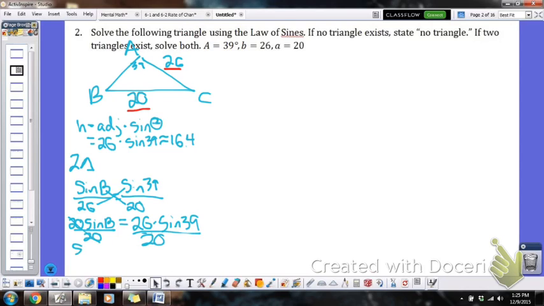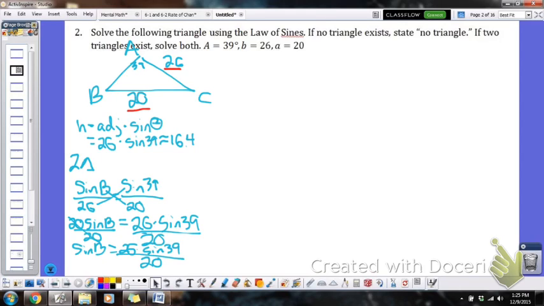And I'm left with the sine of B being equal to 26 times the sine of 39 over 20. And to find angle B, I will take the inverse sine of both sides of my equation. So the inverse sine of 26 times the sine of 39 over 20.